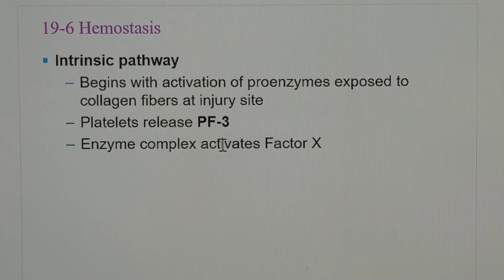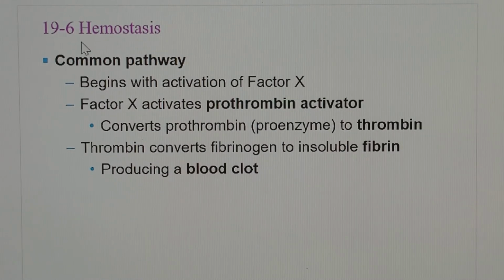An enzyme complex activates factor X. The common pathway begins with activation of factor X. Factor X activates prothrombin activator, which converts prothrombin, a proenzyme, to thrombin. Thrombin converts fibrinogen to insoluble fibrin, producing a blood clot.